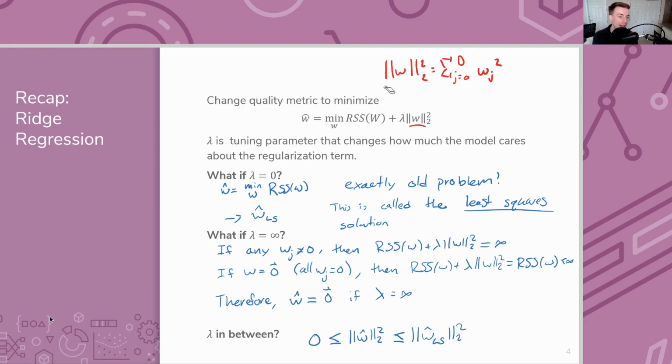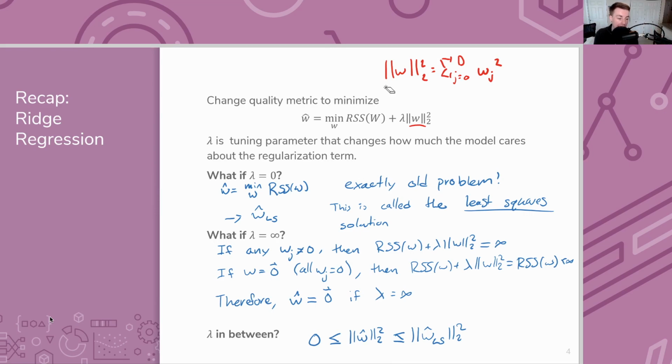So if you make lambda infinity, the most penalty you can imagine, then you must learn the 0 coefficient. All coefficients go down. And in general, with lambda in between those two extremes, you get smaller magnitude than the least squares, but probably larger than 0. Lambda infinity is the extreme case of the most you can penalize something. But in general, you will be able to learn something much better in between these extremes.